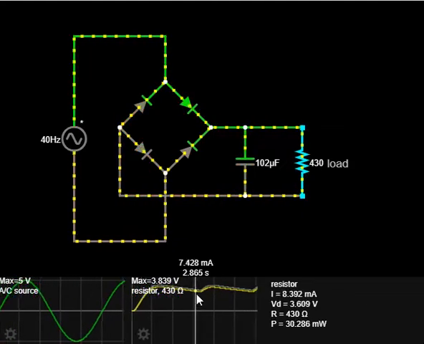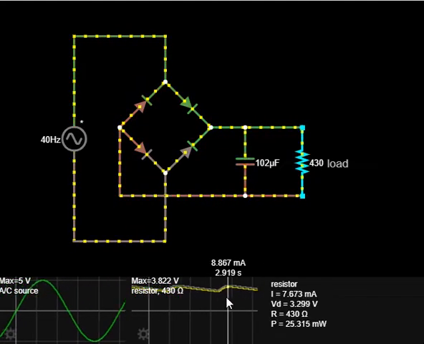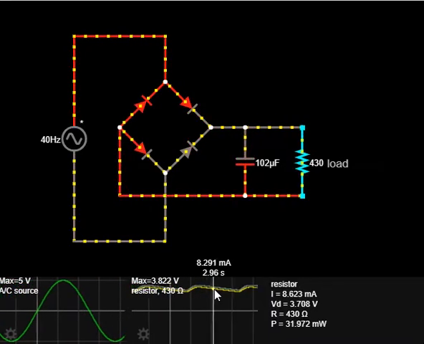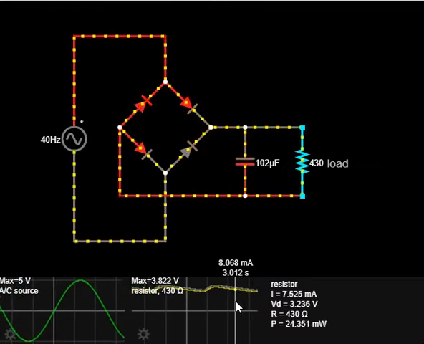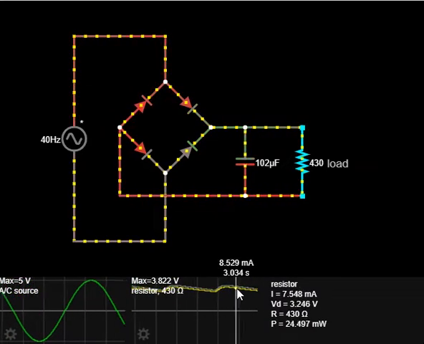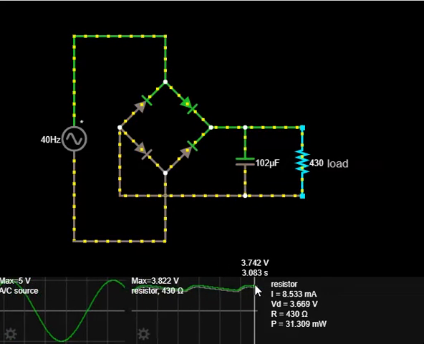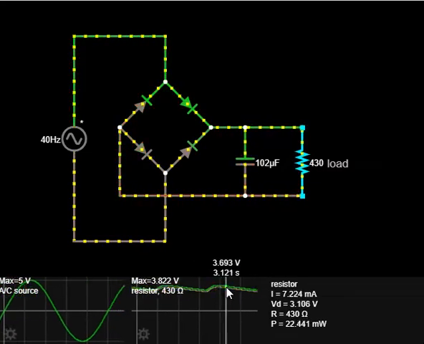So you can see here the capacitor gave some straight DC voltage. This is the DC voltage output. If you increase the capacitor value more, then this gap will be more straight. The DC voltage will be more straight.